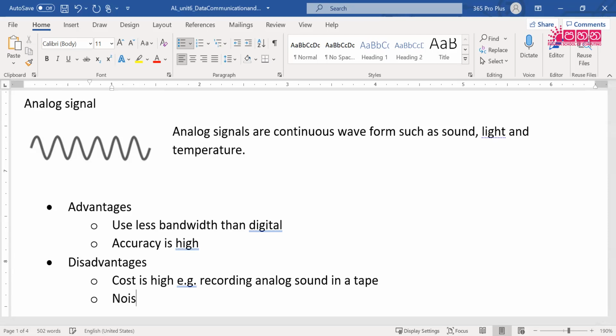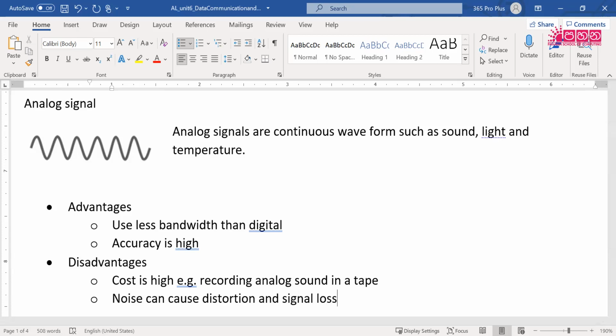Noise can cause distortion and signal loss.